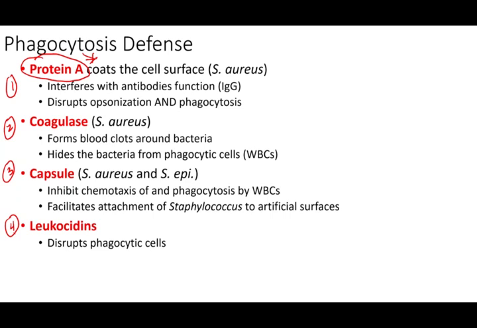It has several functions, but its primary function is to disrupt how the host immune system responds. We haven't talked about them in great detail, but hopefully you know from other classes that our immune system has the ability to generate molecules called antibodies. Antibodies are supposed to bind specific microbes.